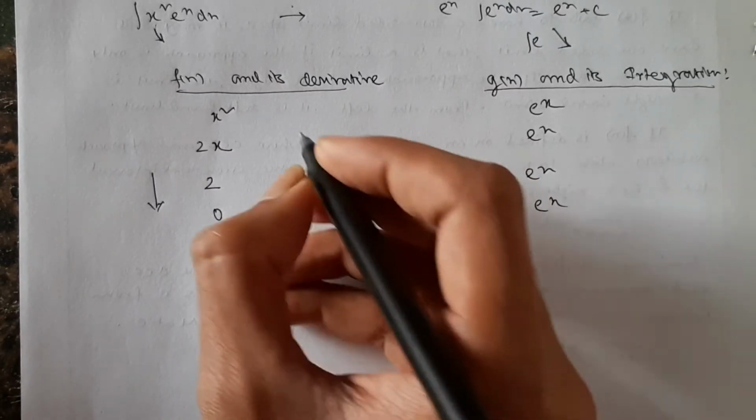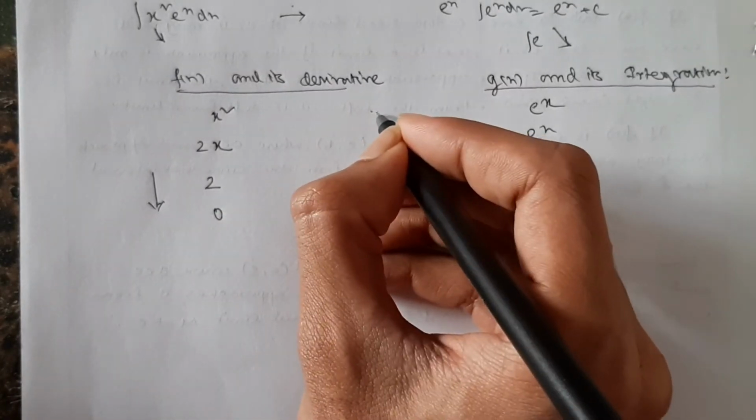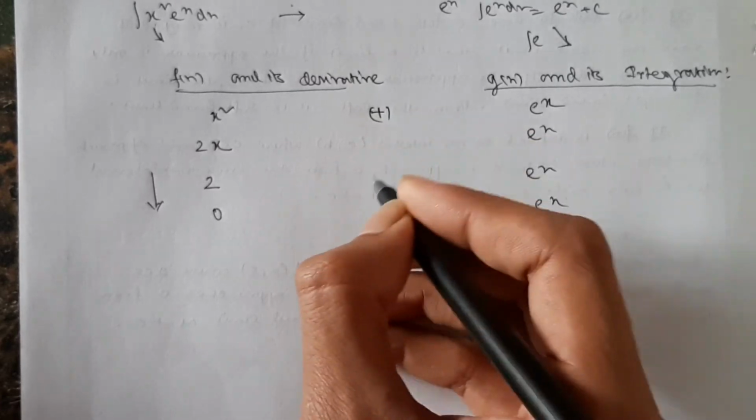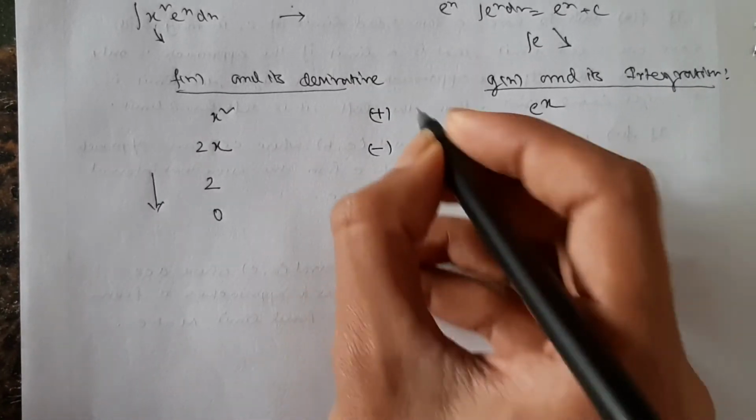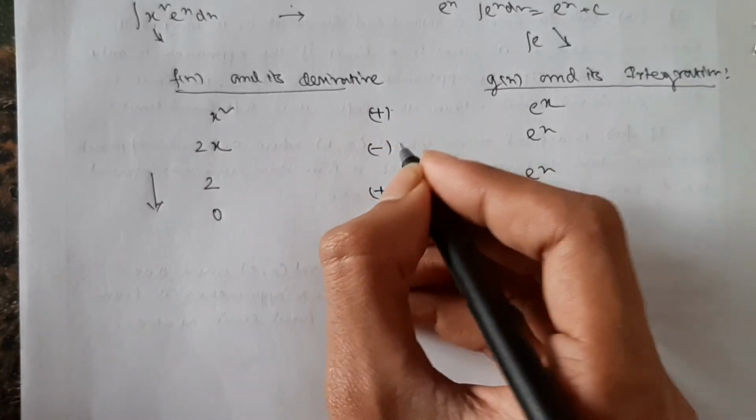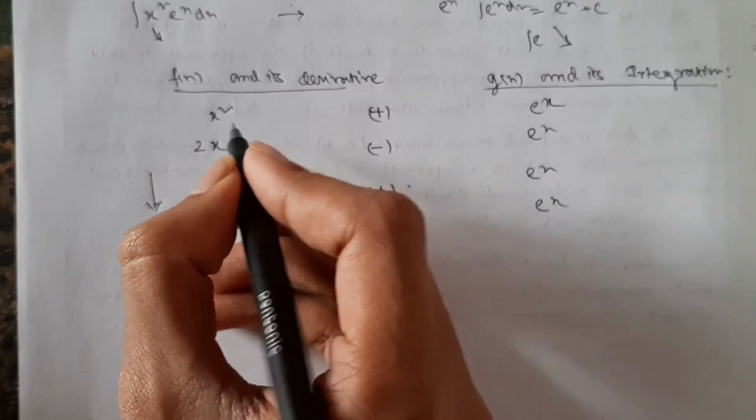So we choose signs like this: plus, minus, plus, minus. At first we use the plus and minus in this way.